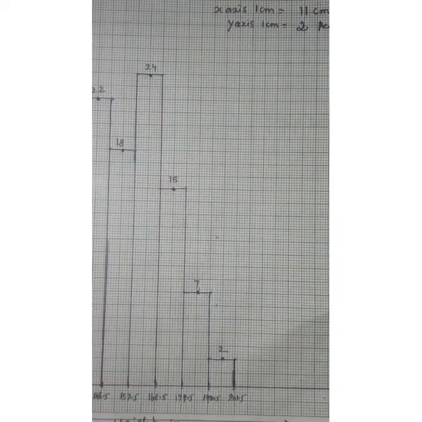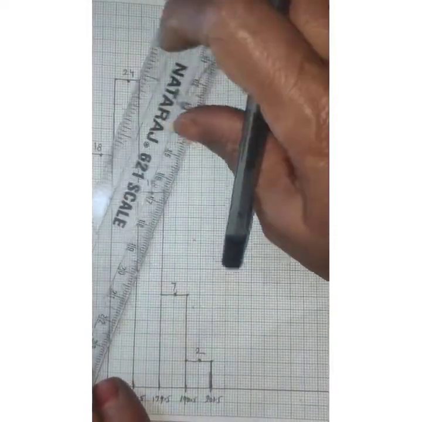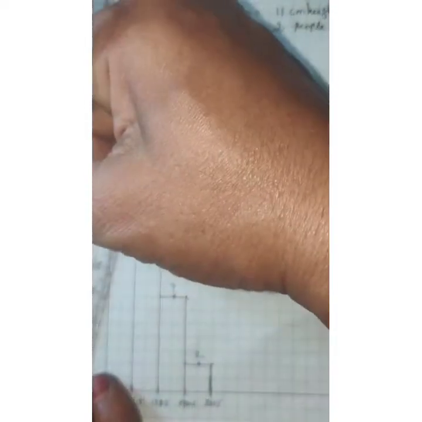Next join these lines, down to start and line. Using the scale and the pencil, draw the line.